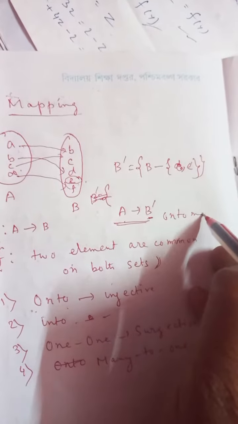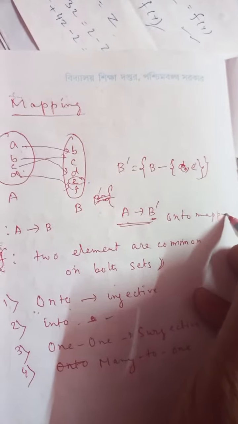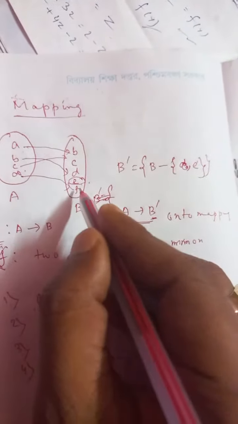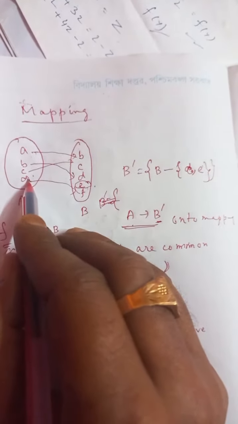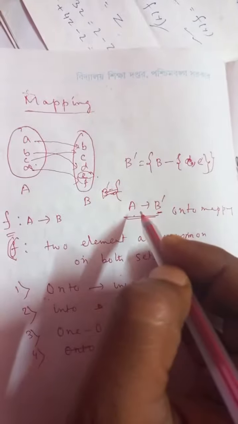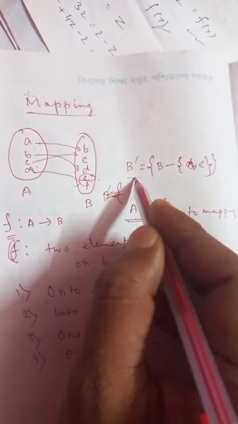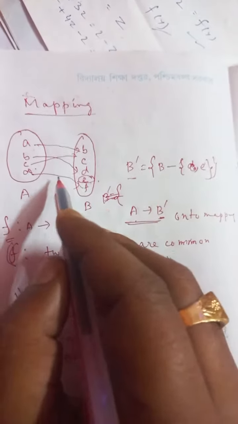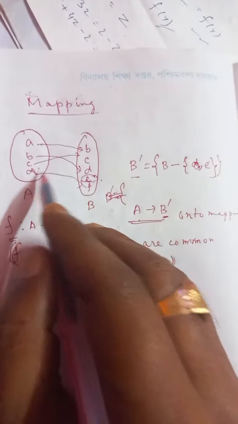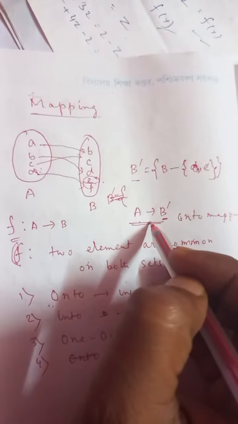The previous one was into mapping, because there was one extra element which does not have any pre-image in the set A. Now the B set does not have any extra element without a pre-image in the set A. This is called onto mapping.